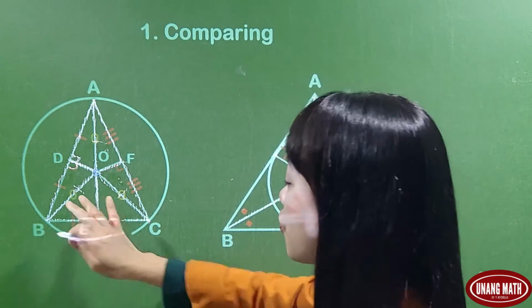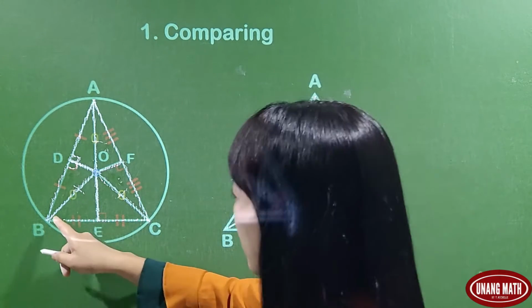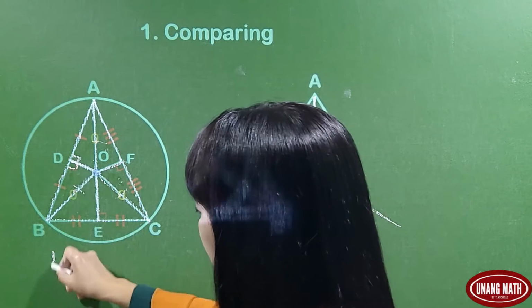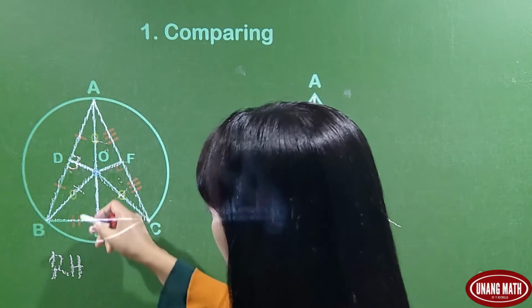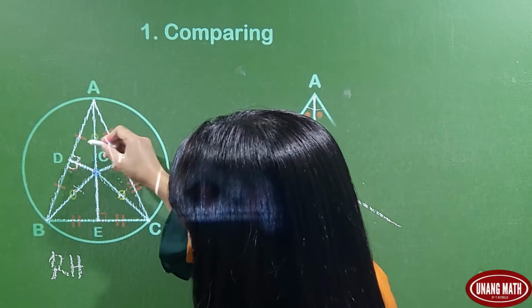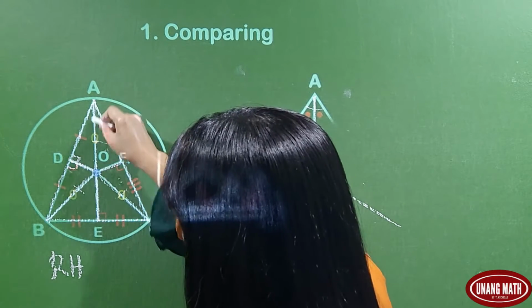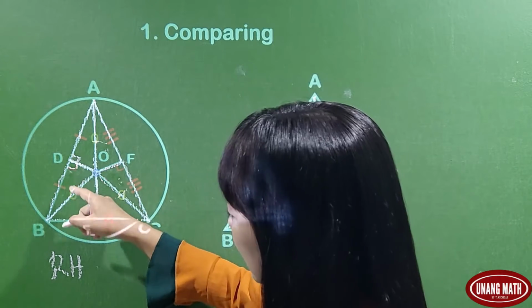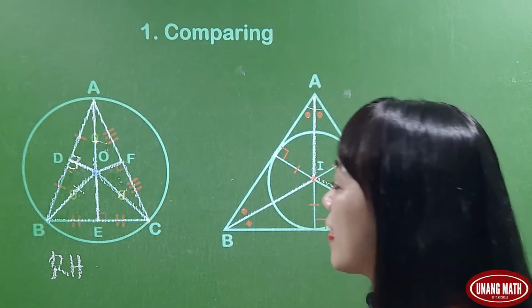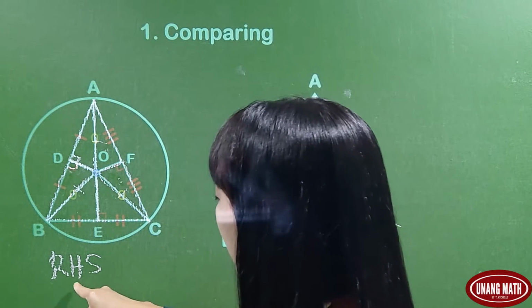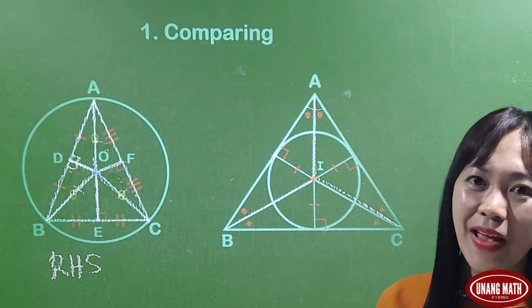And if we check the relationship, we have here a right angle, and this would be the hypotenuse, and since two sides are equal, that means RHS congruence.